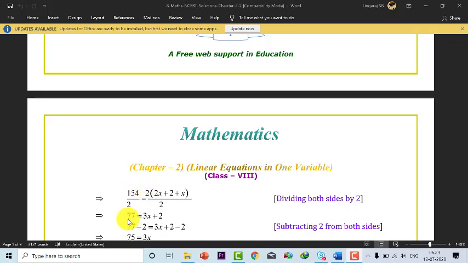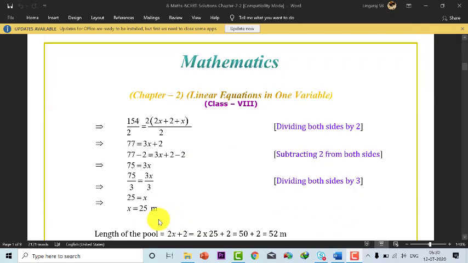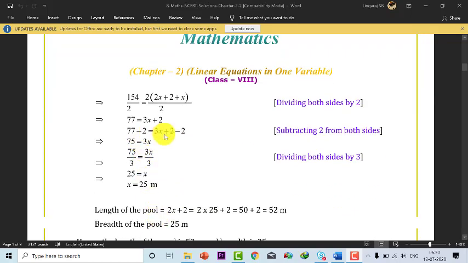So on the LHS you get 77. On the RHS the 2 and 2 get cancelled. Then 2x plus x is 3x, and plus 2, so the RHS is 3x plus 2. Then to remove this 2 we have to subtract 2 from both sides.